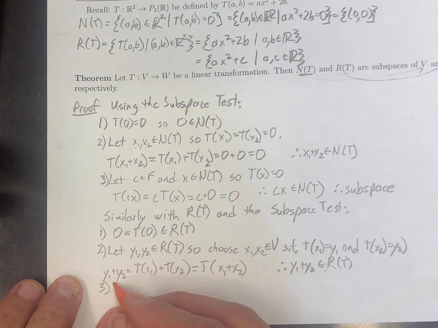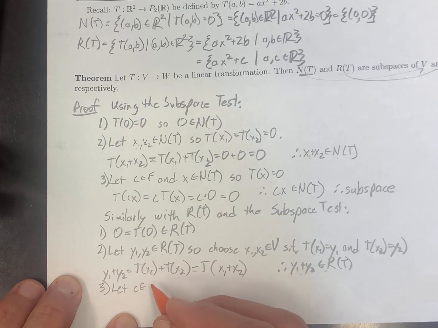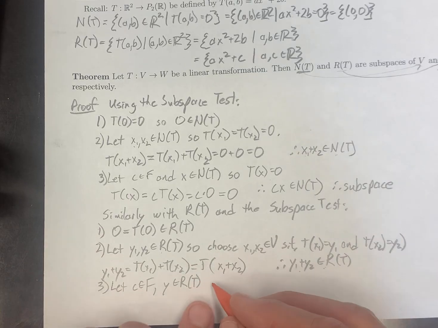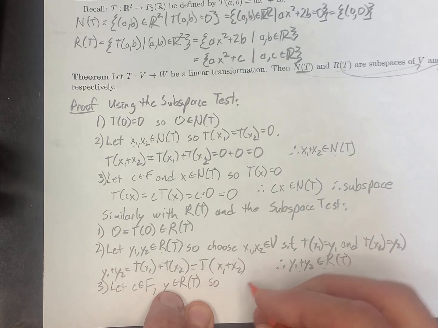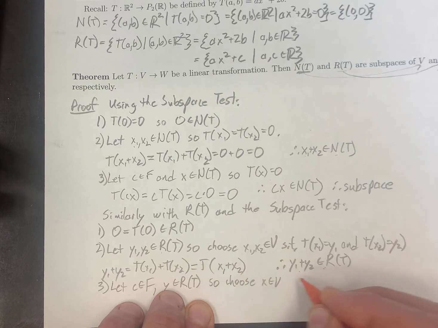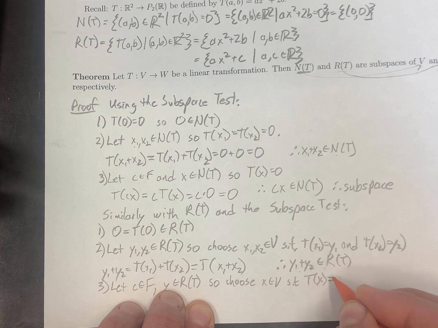Last, let c be in the field and y be in the range. You can guess where we're going here. So what does it mean to be in the range? It means I can choose x in the domain such that T of x equals y.